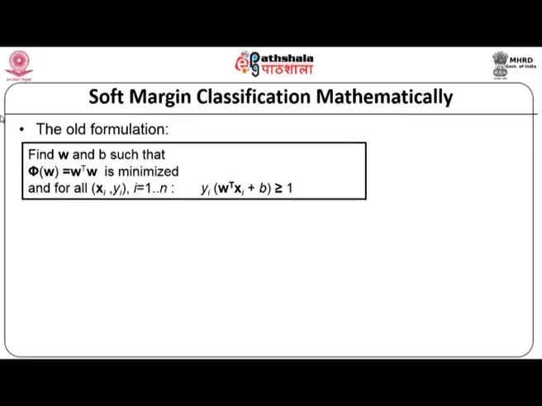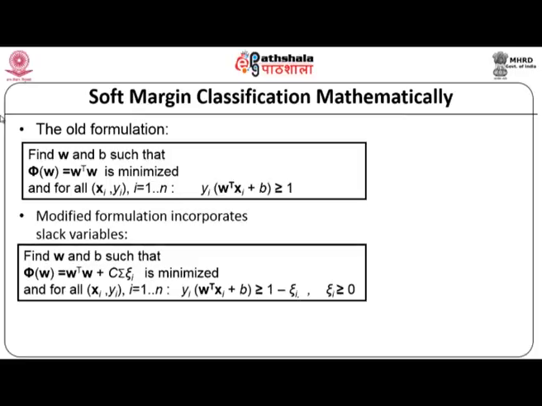The old formulation, as we saw, is the original formulation without the Lagrange multiplier, where we wanted w and b such that the margin is maximized. The modified formulation incorporates slack variables.